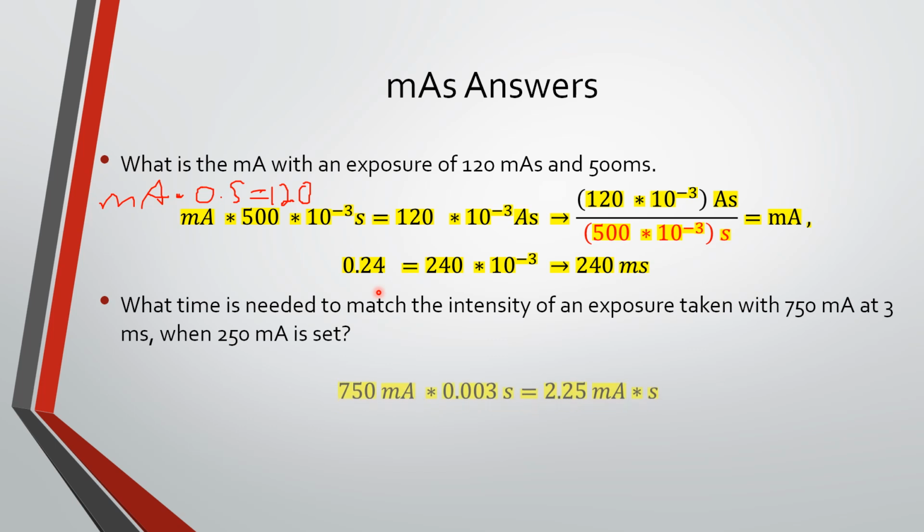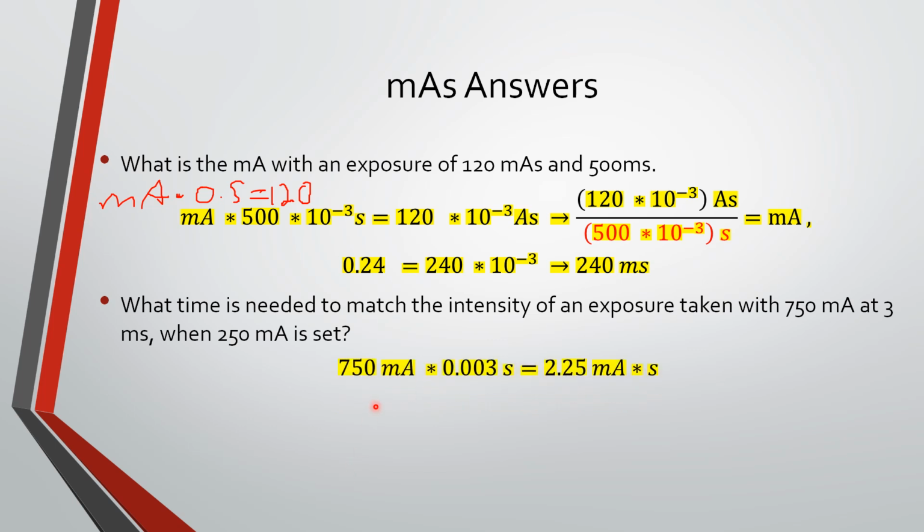First we need to convert the milliseconds into seconds. We multiply that out, and we get that the first exposure is taken at 2.25 mAs.